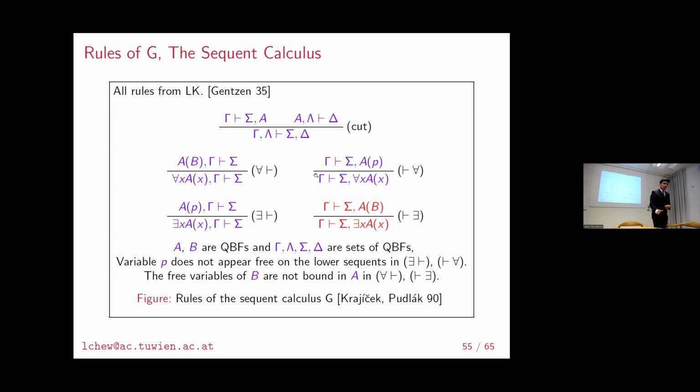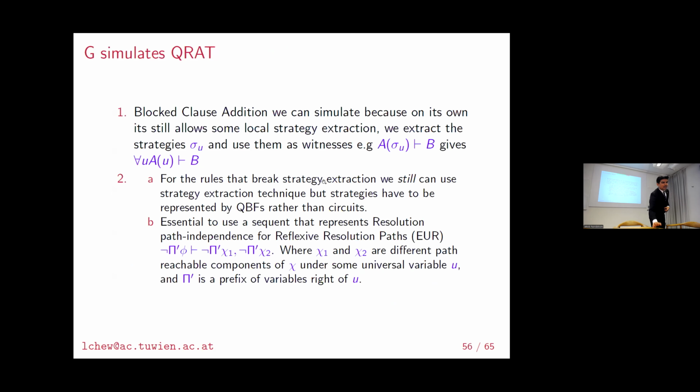In reduction, you just take your X and substitute in 0, 1. Here it's saying it can be any QBF, which is much more powerful. And in this way, because G can cut over QBFs and introduce quantifiers over QBFs, it's powerful enough to simulate QRAT, even with extended universal reduction.